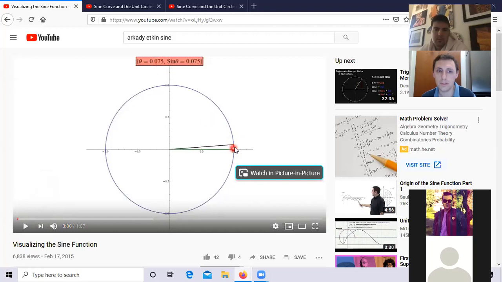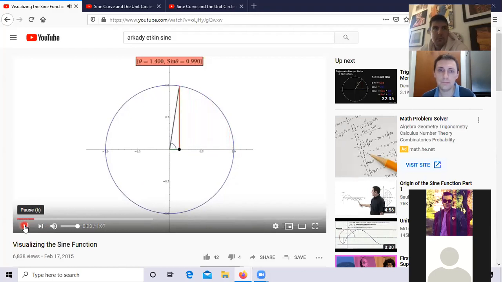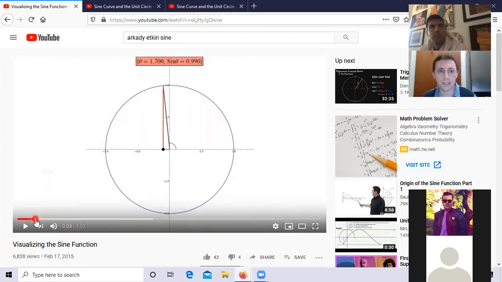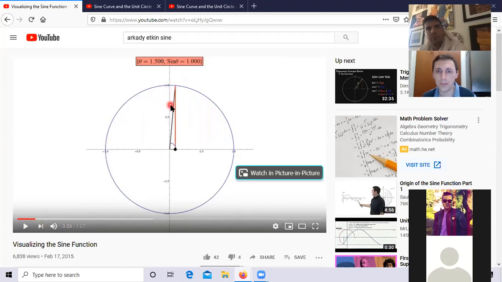Here it's almost invisible, and the shadow is longest. As I open it up, you see here the sine is equal to 1. Why is it equal to 1? Because the rope became the length of the crane.